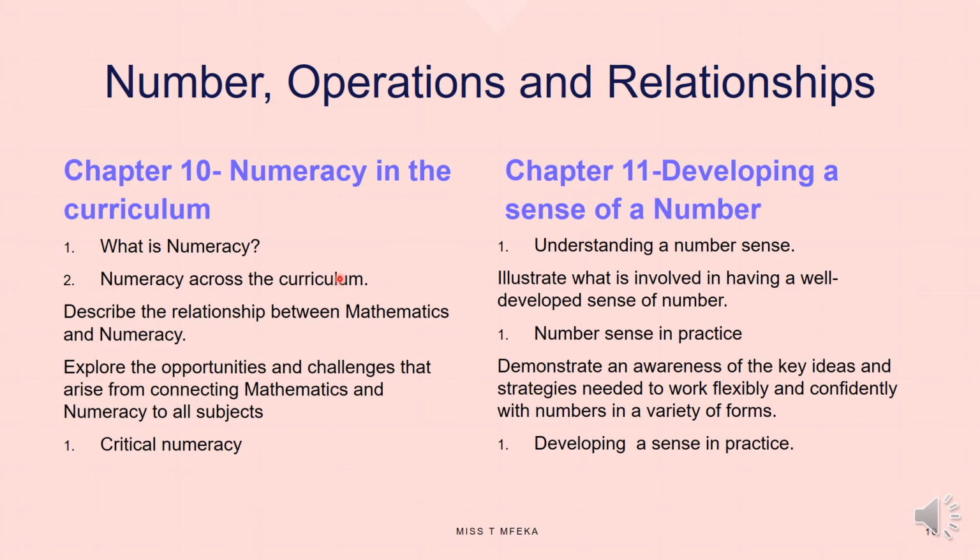What is numeracy across the curriculum? So now this is where you describe the relationship between maths and numeracy, and this is where we explore opportunities and challenges arising from connecting mathematics and numeracy to all subjects, and being critical in numeracy.